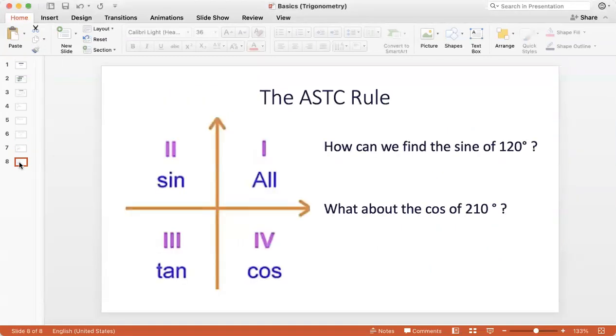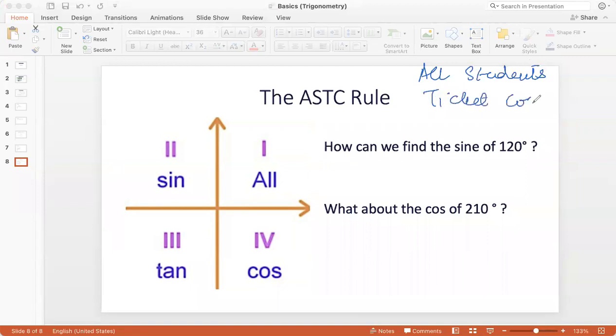Okay, we should also know the ASTC rule, which you can remember by the abbreviation that I was taught at school. All students ticket collectors, right? So just remember this ASTC.